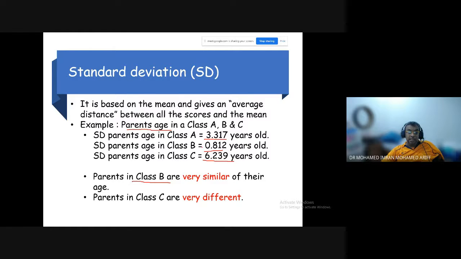In C, because it is so large, it is very different. Say in a class the ages are 45, 50, 60, 70. You find the mean, the average, and compare the existing ages with the average. When you compare that, you get the standard deviation.